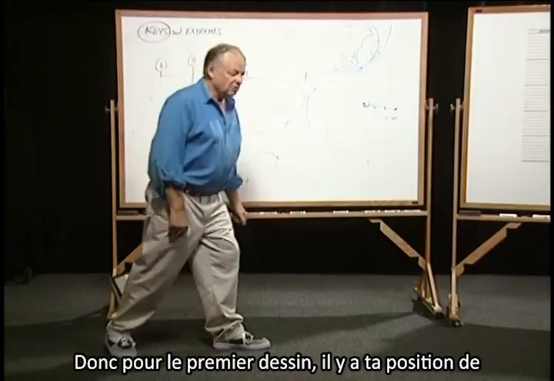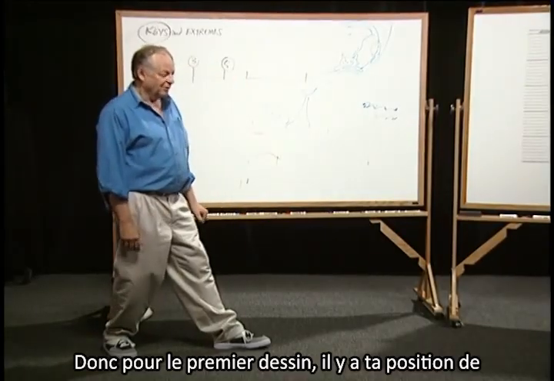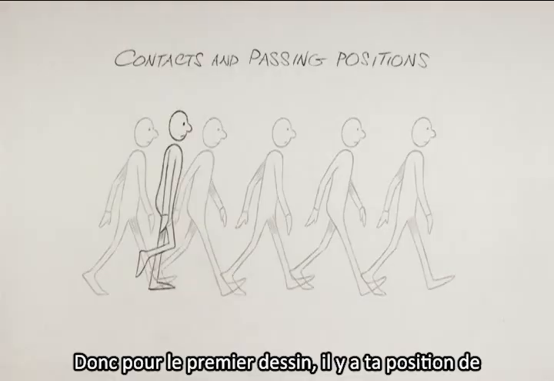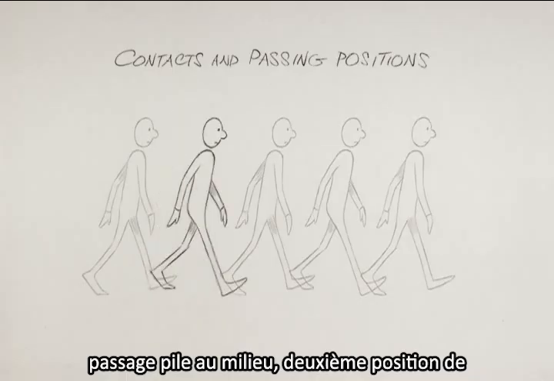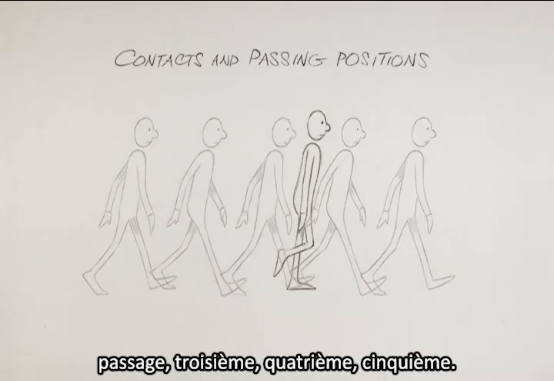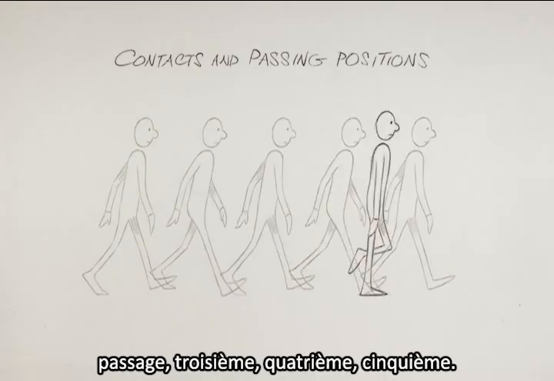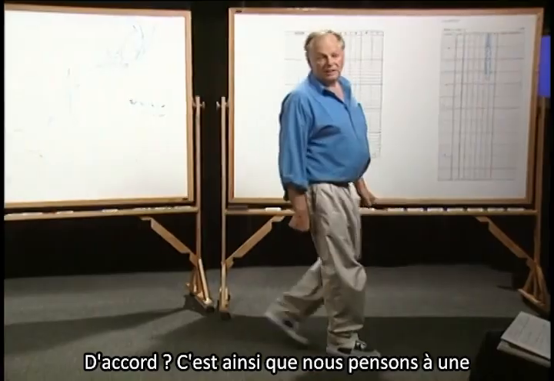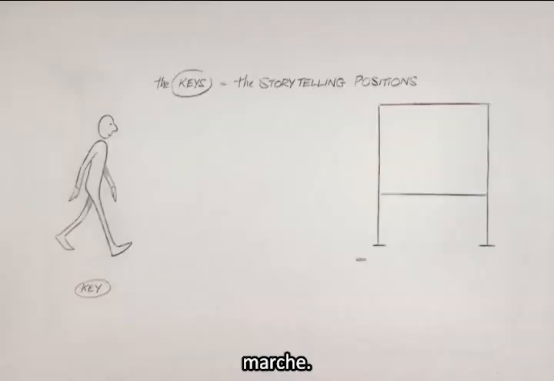So, drawing one, up, there's your passing position, smack in the middle. 2, passing position. 3, passing position. 4, passing position. 5. Okay? That's how we think of a walk.